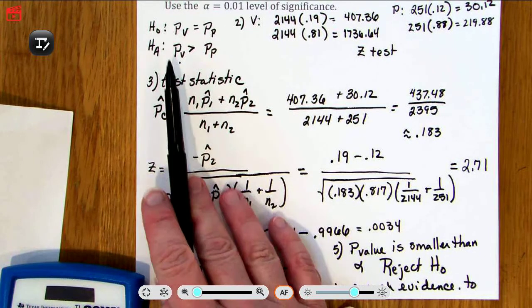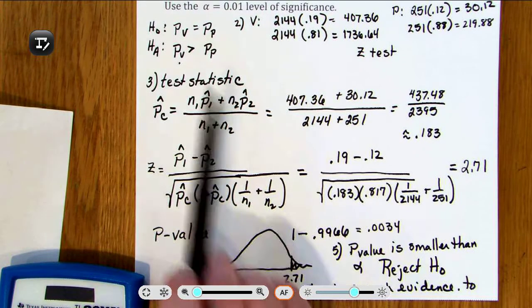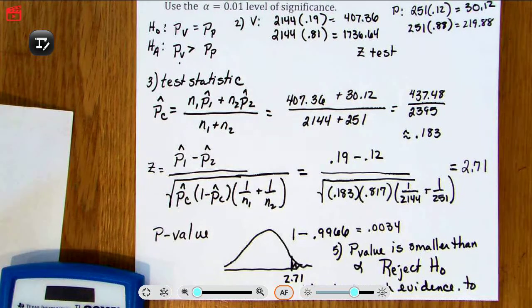Well, not Vermont, I guess Virginia and Pennsylvania. That the proportion of high lead contamination is greater in Virginia than in Pennsylvania. In other words, we like that statement.